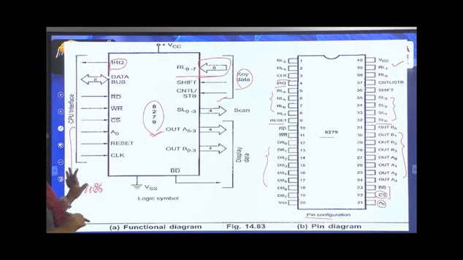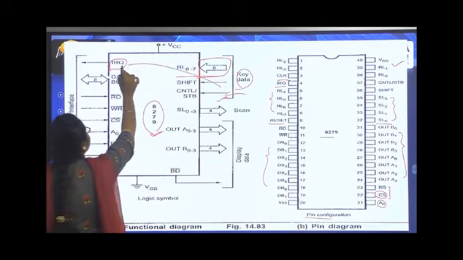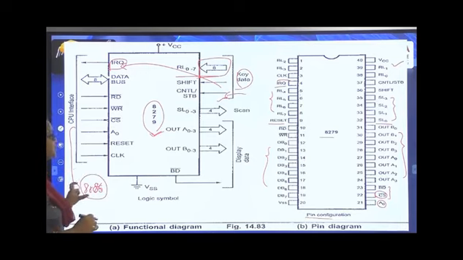Then the 8086 microprocessor executes the operation requested by the user.